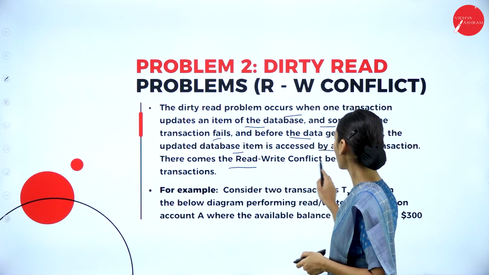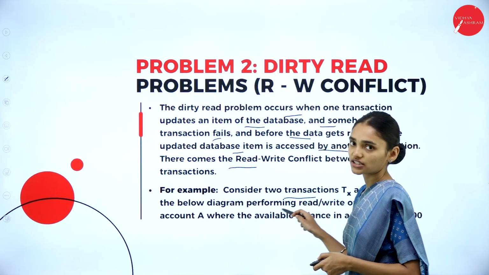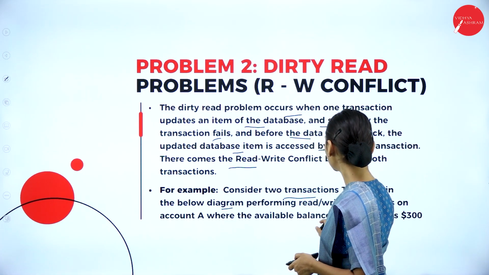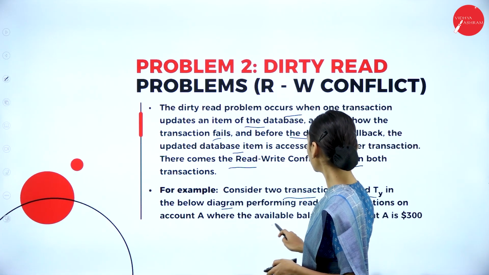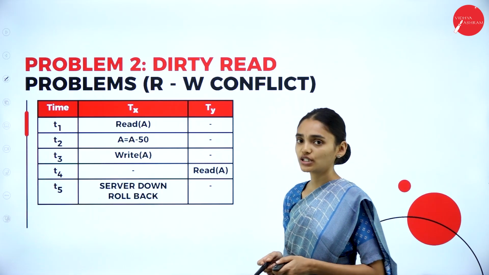This becomes a read-write conflict between the both. So for example, consider the two transactions, Tx and Ty, in the below diagram performing read-write operations on the available balance of the account. So let us see the example for the dirty read problem.